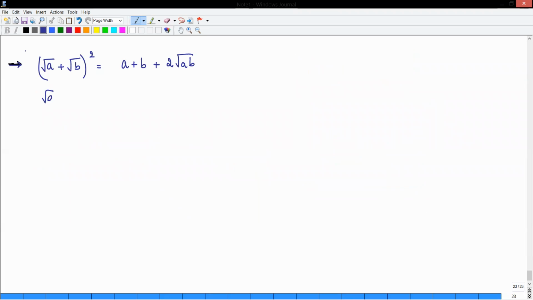We have root of a minus root of b whole square, which is a plus b minus 2 root ab. So a plus b plus 2 root of ab, a plus b minus 2 root of ab. Right?